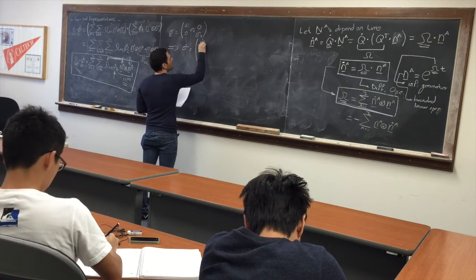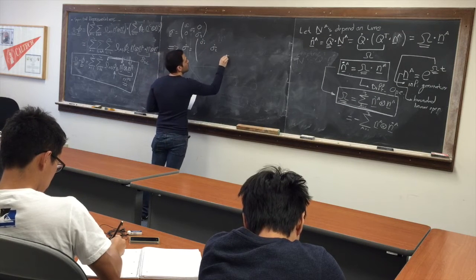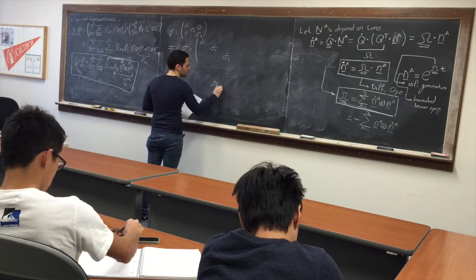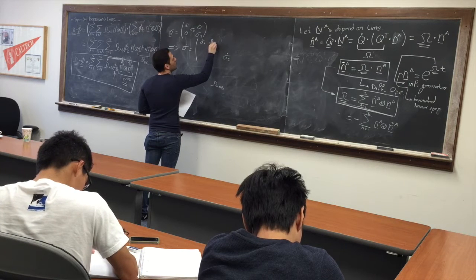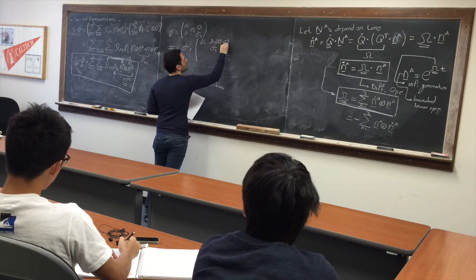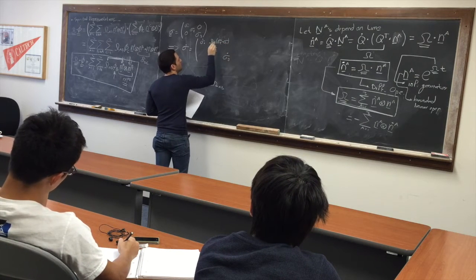Sigma 1 dot here, sigma 2 dot here, and sigma 3 dot here. And because of this guy, here we have omega 1, 2, sigma 2 minus sigma 1. Omega 1, 2.